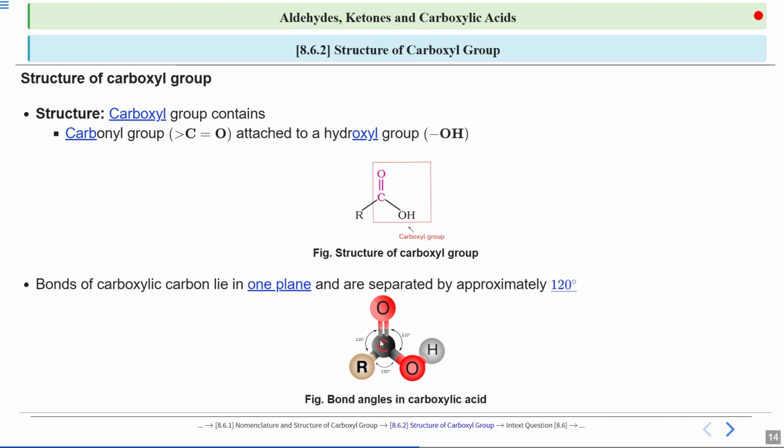You will see the bonds lie in one plane, and the angle between R and O is 120 degrees. The angle between the O of the hydroxyl group and the O of the carbonyl is also 120 degrees. So the structure is planar, and the bonds of the carboxylic carbon lie in one plane, separated by 120 degrees.